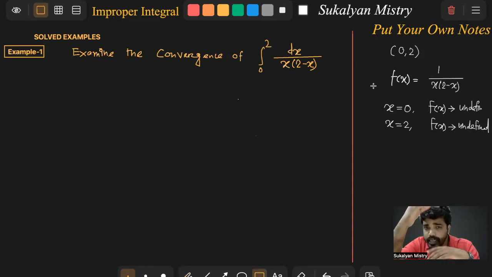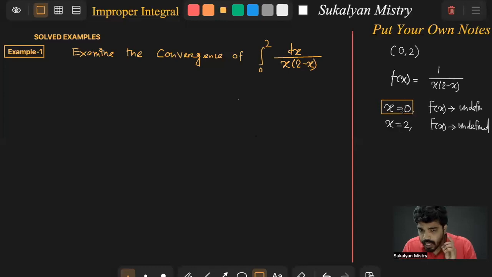The range of integration is finite, but the integrand f(x) is undefined. So this is an improper integral of second kind. At x is equal to 0, this function f(x) is undefined, as well as at x is equal to 2. Undefined means the function f(x) is discontinuous.